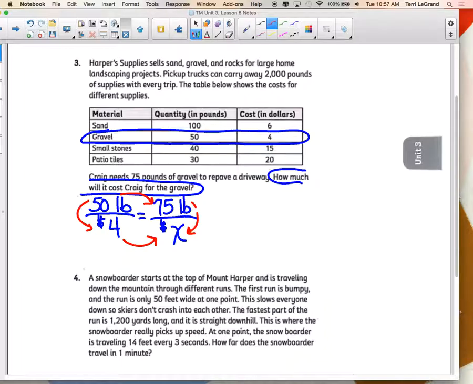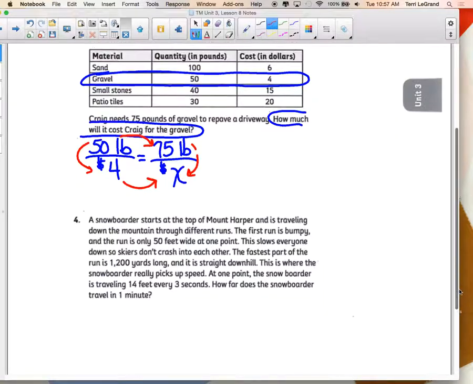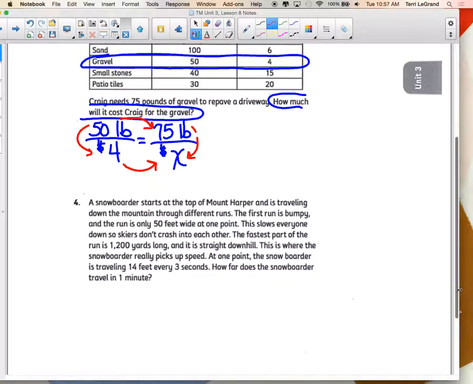Arlie? Simplify. Well, what can be simplified there? I agree. Simplifying would be an awesome thing to try. Well, can we simplify 75 over x? No, so our only choice is really the 50 over 4. So let's see if we can simplify that. What goes into both 50 and 4? Because they're even numbers. 2.